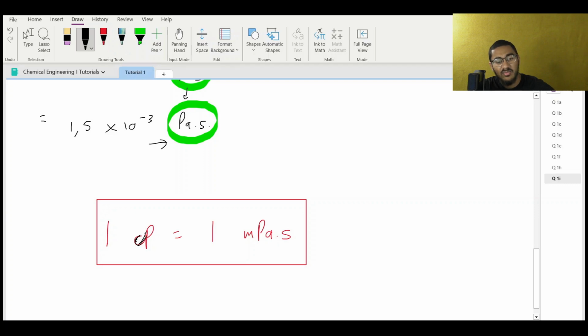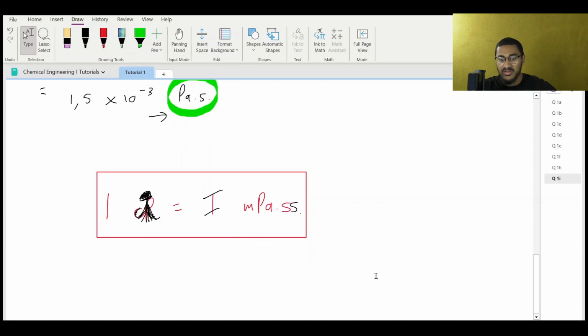And so you can see the CP kind of looks like a wizard with his robe, right? And he's standing here with his hat, okay? So this is Gandalf. And his famous line from Lord of the Rings is, "You shall not pass." And so over here we've got, "You shall not impasse." So 1 Gandalf is equal to impasse. And so Gandalf says, "You shall not impasse." And that's how I remember that 1 CP is 1 millipascal second.